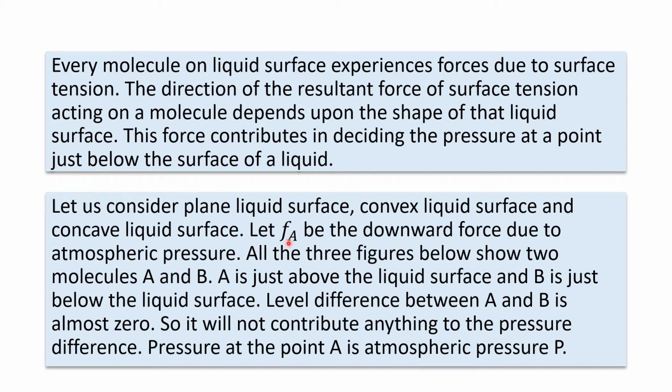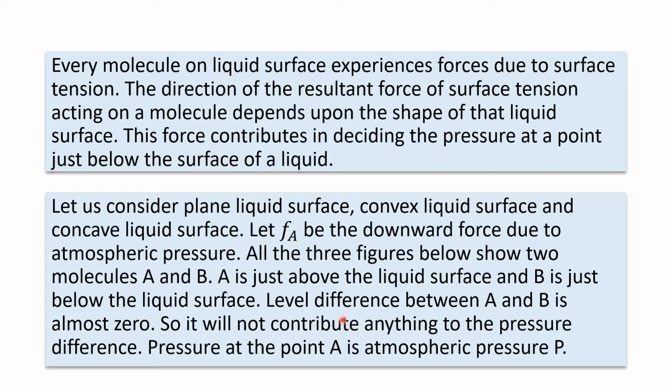Now let Fa be the downward force due to atmospheric pressure. All the three diagrams drawn below show two molecules, A and B. Point A is just above the liquid surface and point B is just below the liquid surface.